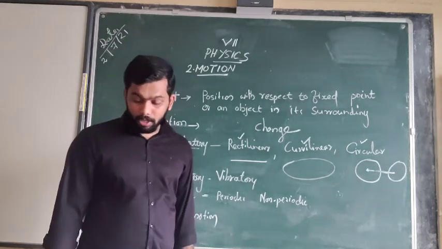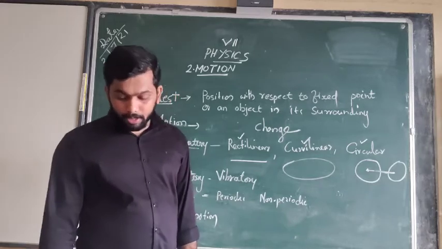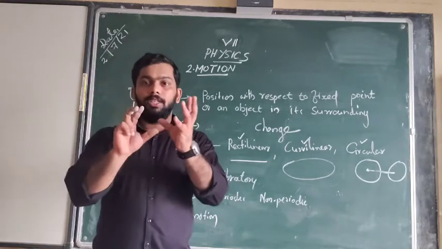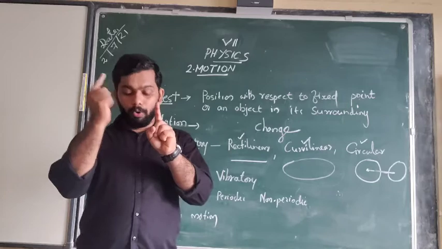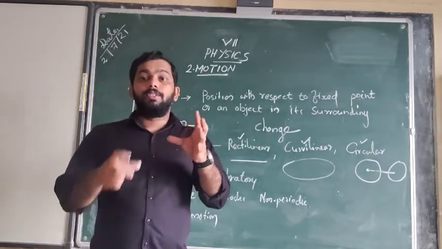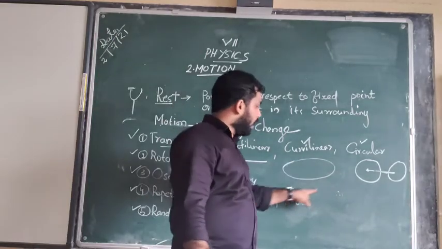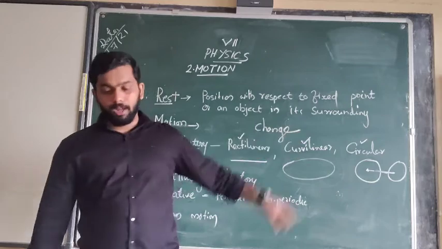What are the examples? Some examples are given in the textbook. The earth rotates around its axis. That is rotatory motion around an axis. At the same time, what happens? Earth is moving in a circular path or a curvilinear path.